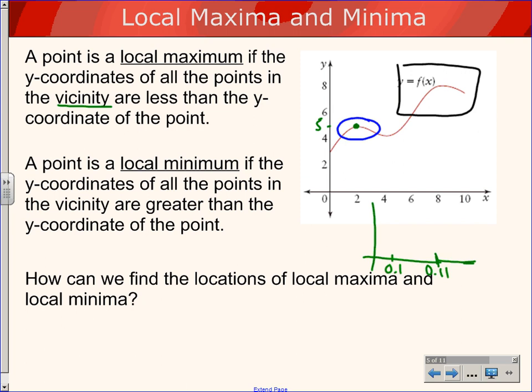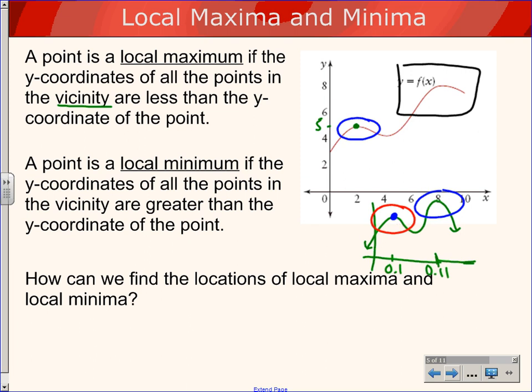You'd never notice this if you were zoomed out and I had a function that looked like that. This here is still called a local max, even though there are other points over here that are higher up. Because in this vicinity, points a little bit to the left and a little bit to the right are lower. It's a tricky idea.